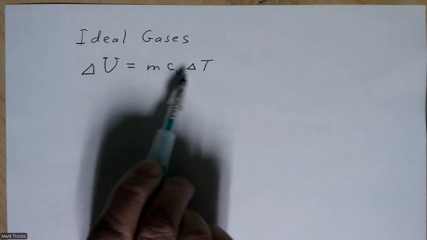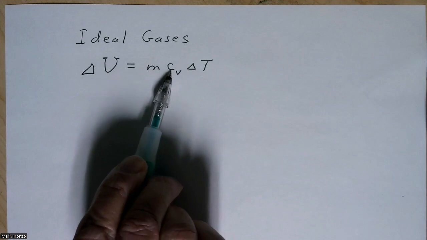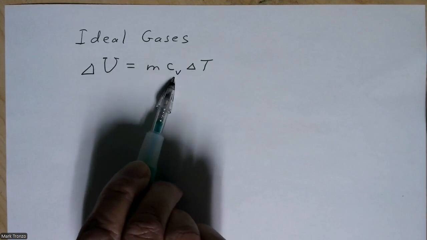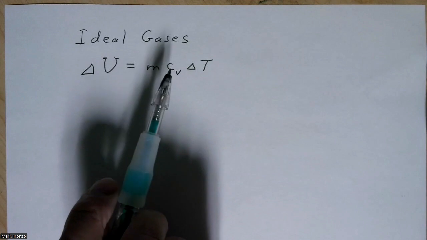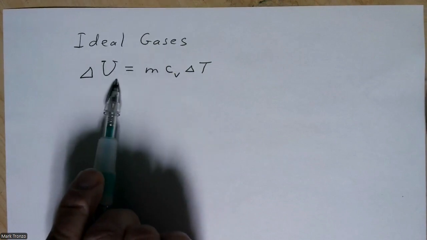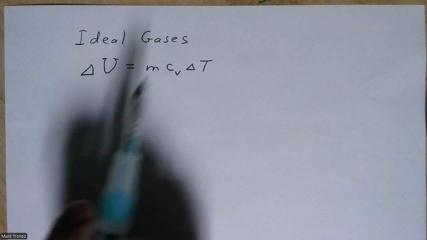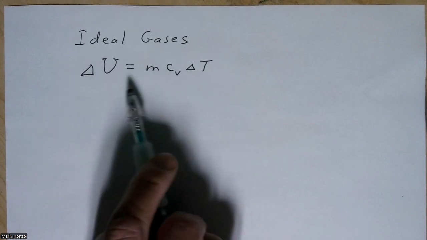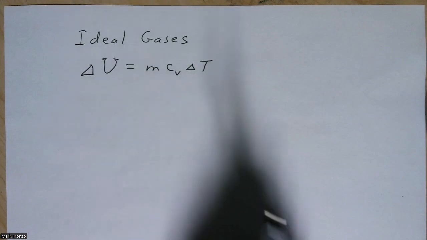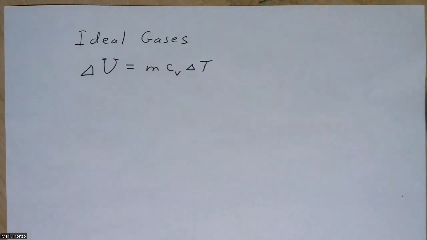The only thing is we have to use the C_V. It's easy to remember that in the alphabet, U and V are close together. So when you're using this, use the C_V. This is the change in internal energy just for an ideal gas.